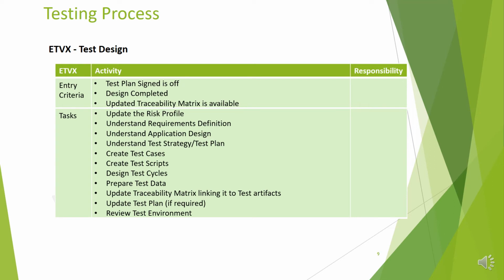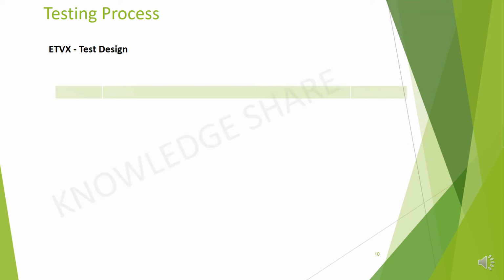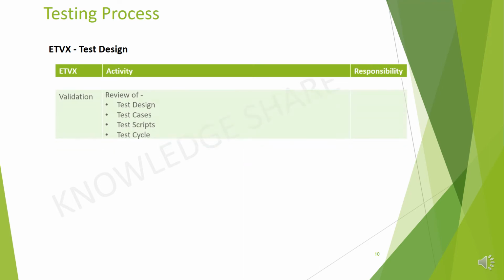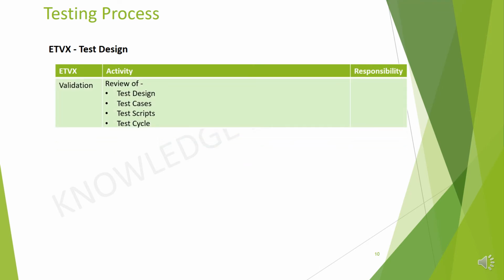update the test plan if required, and review the test environment. And under validation, the activities are: test design review, test cases review, test scripts review, and test cycles review.